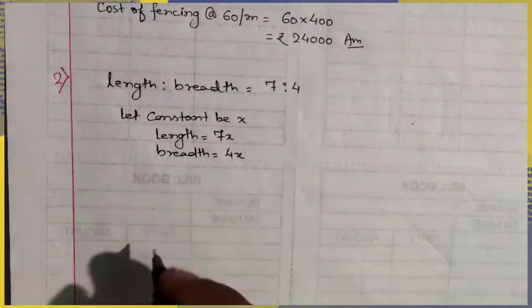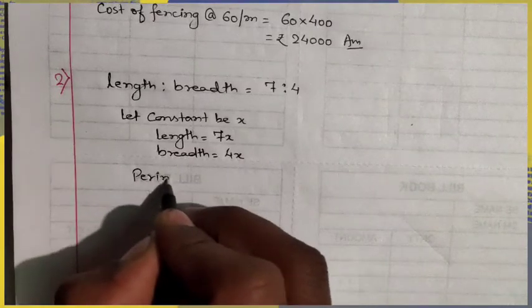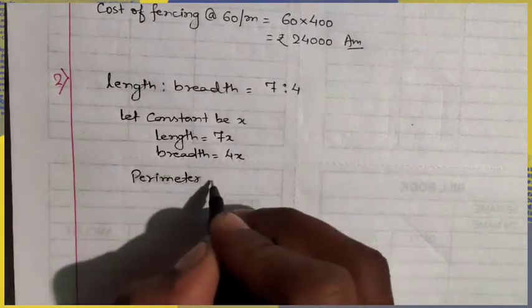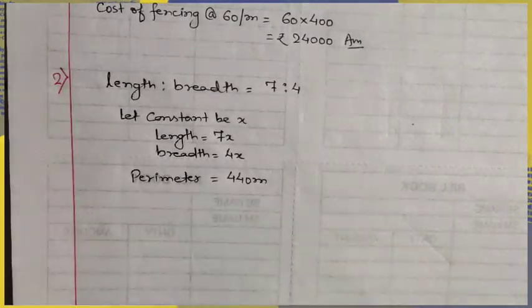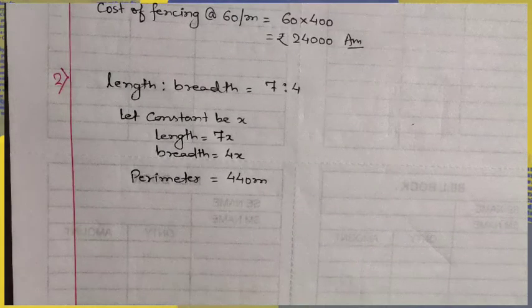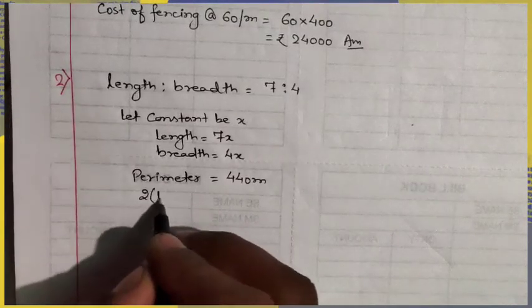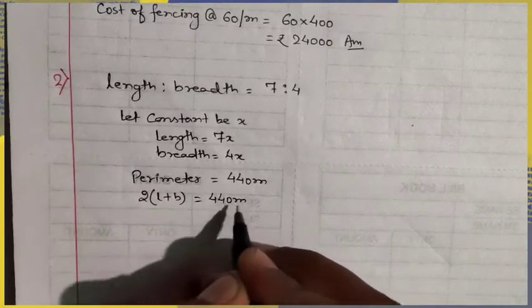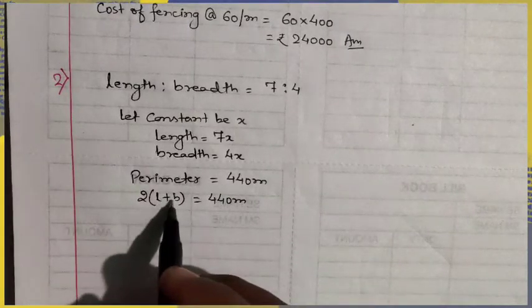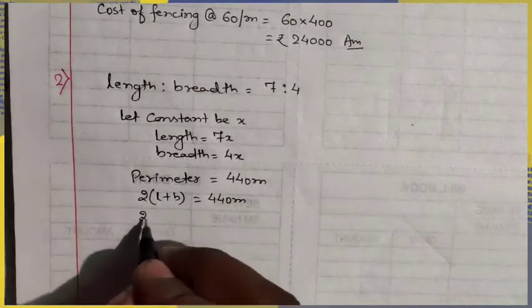Now the question is saying the perimeter of the rectangular field is given, 440 meter. Now the question is asking to find its length and breadth. So first we will put the formula. The perimeter formula is 2 into (length plus breadth) is equal to 440 meter. We don't know the value of length and breadth, but with respect to x we know the value. We will put that value only.